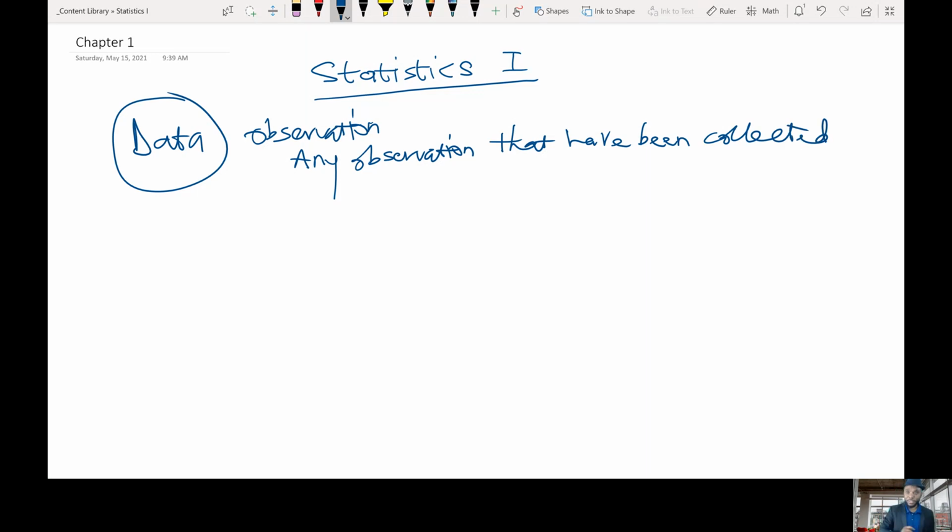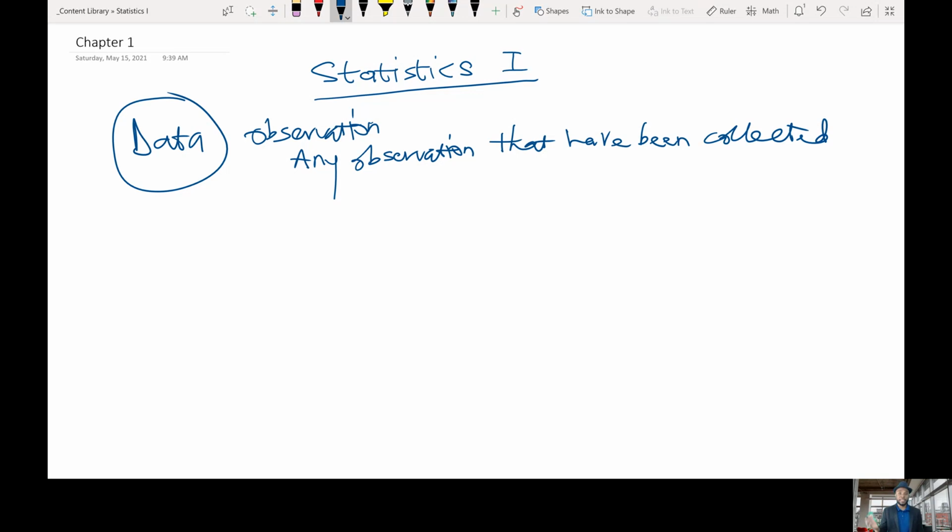I'll try to write as slow as possible. So any observation that have been collected. So an observation would be the temperature right now. So let's say the temperature right now is about 68 degrees Fahrenheit. That's an observation that we are collecting and we store it.